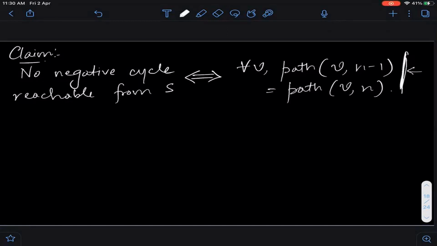Yeah. So how should we prove this? Proof. Suppose you are asked to prove this fact. How will you prove this? How will we prove the left to right direction?